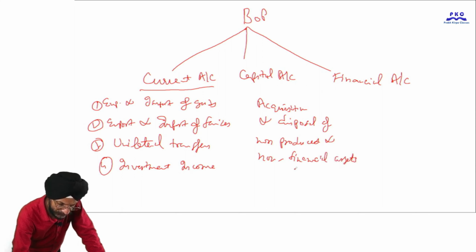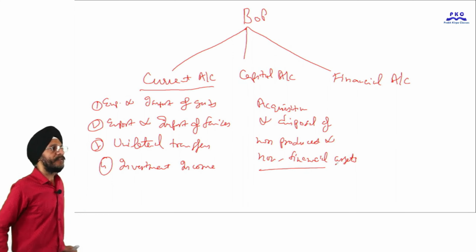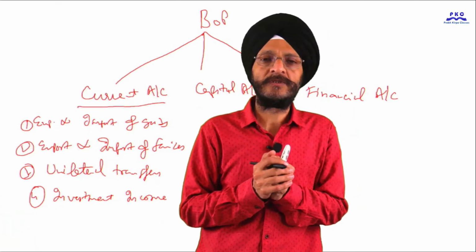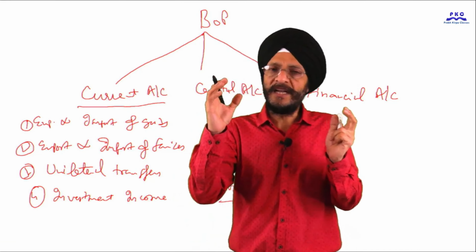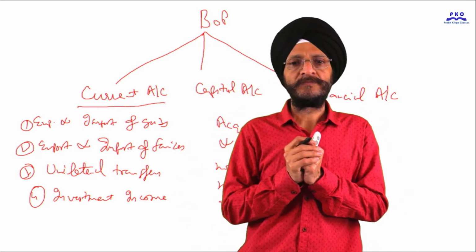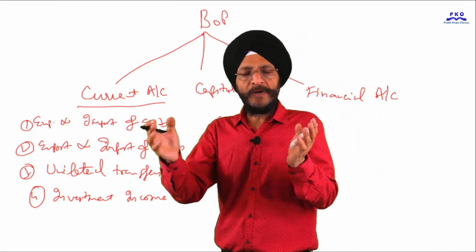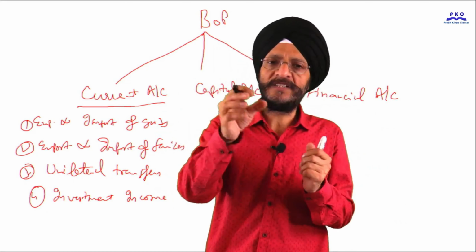Non-produced and non-financial assets are those assets which cannot be produced and where some intellectual work may be involved. An example of non-produced and non-financial assets is land.